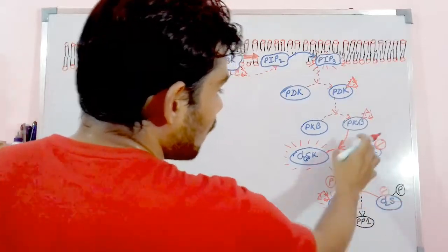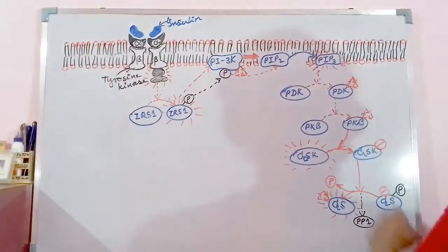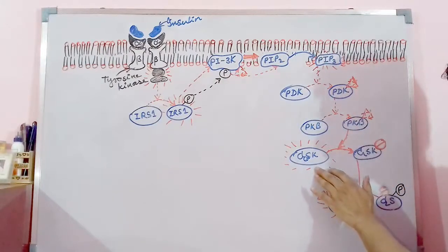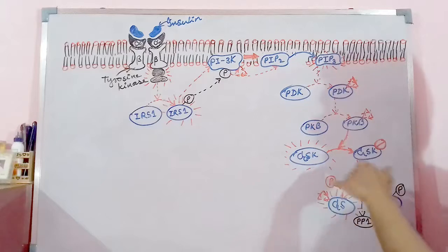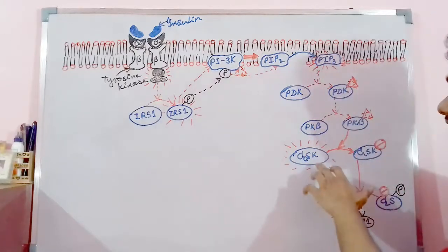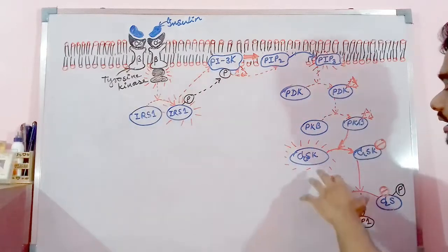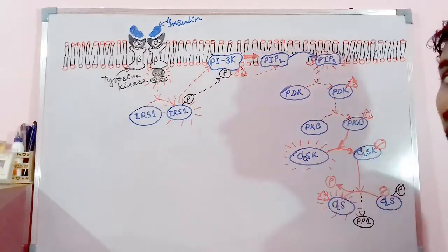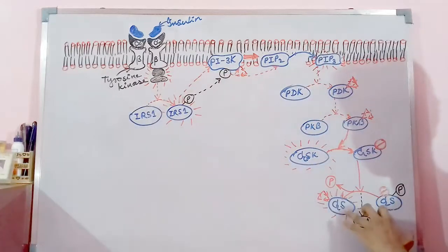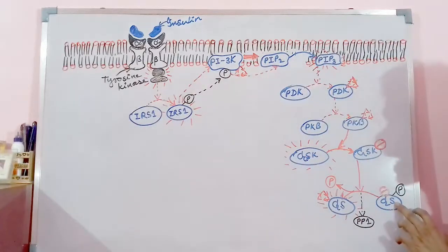So, what's happening? Let's have a recap of the processes. This activated protein kinase B helps in inactivating the glycogen synthase kinase enzyme. Because if glycogen synthase kinase were getting activated, it would help in donating the phosphate group to the glycogen synthase, and when the glycogen synthase receives the phosphate group, it's getting inactivated.